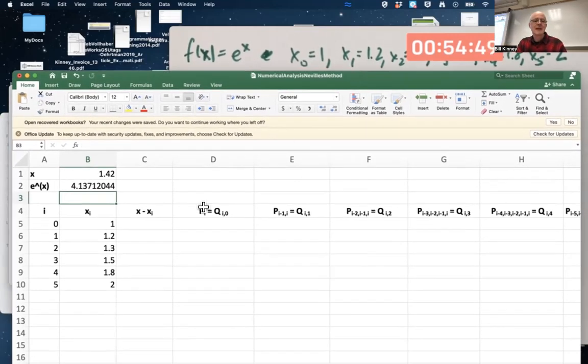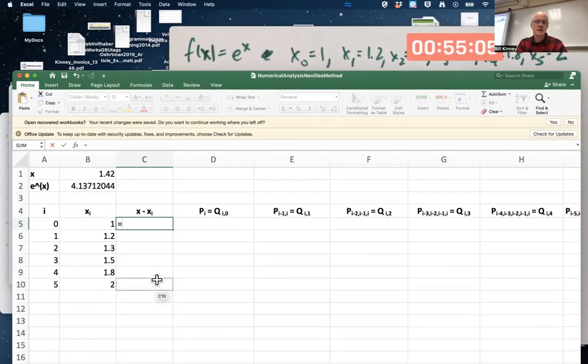It's going to be handy for us to figure out x minus xi for each i. In the lecture I made 3 years ago, I actually did not do that in the spreadsheet I made that time, but this time I'm doing it. So a spreadsheet formula here, the value of x is in cell B1.